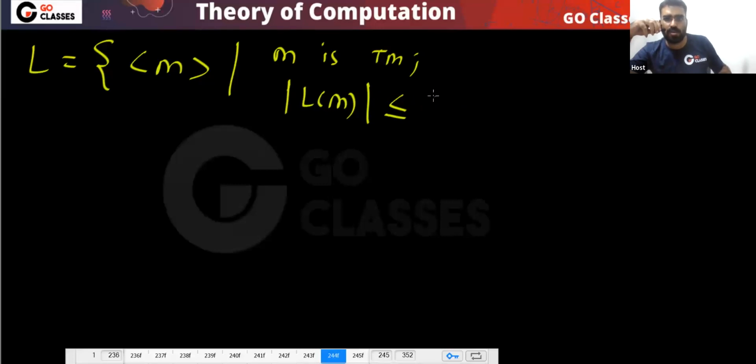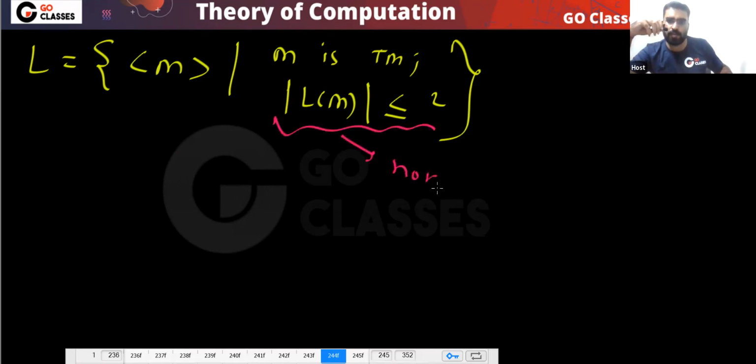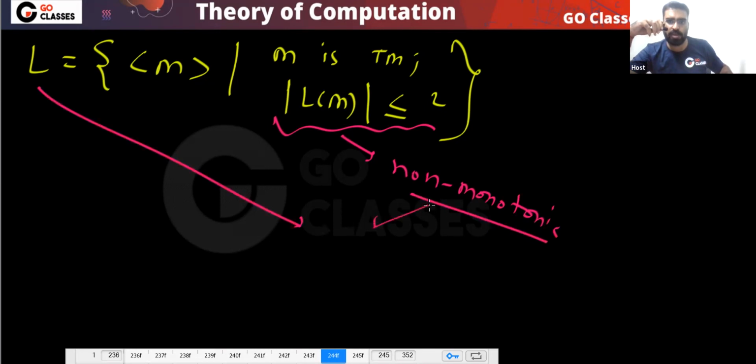Is this language not RE? This is a non-monotonic property. Because this property is non-monotonic, this language L is not RE.